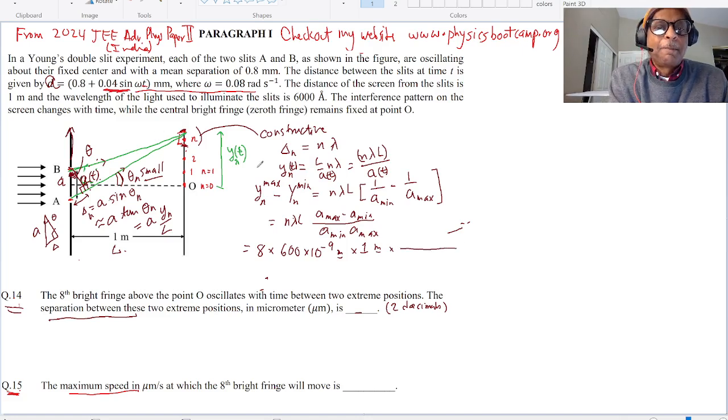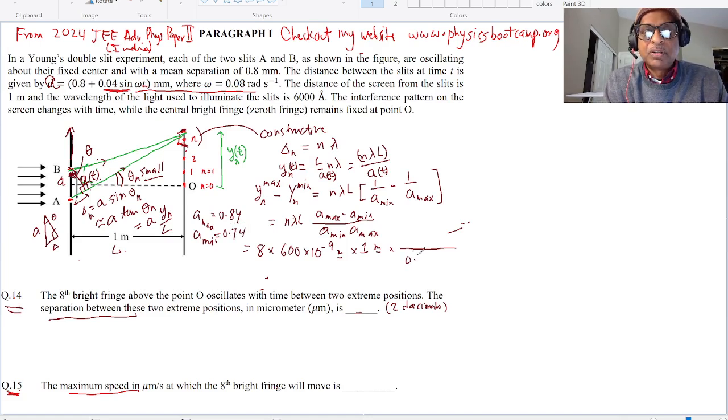And what is the maximum? What is the max for this? Max for this is when sine omega t is plus 1. So A max is 0.84. What's the A min? When sine omega t is minus 1, and so that would be 0.74.